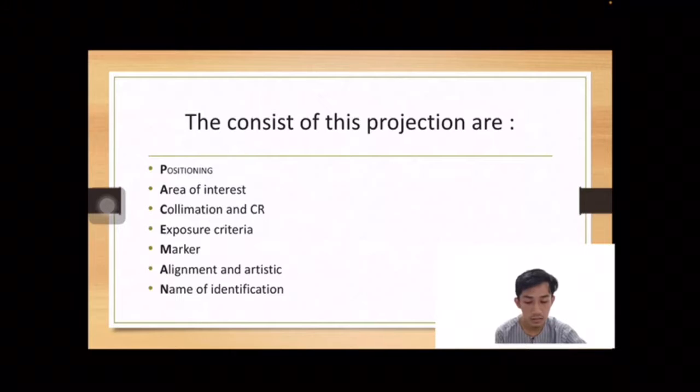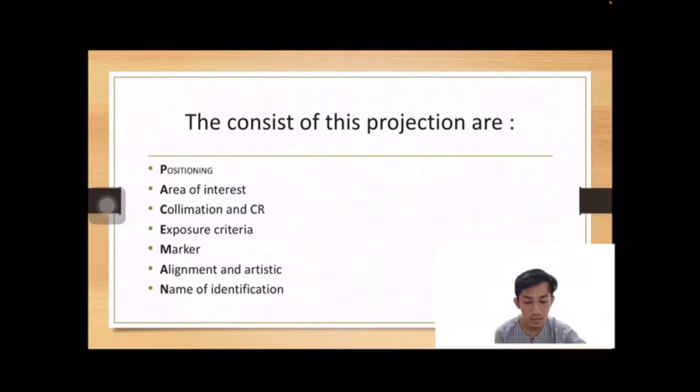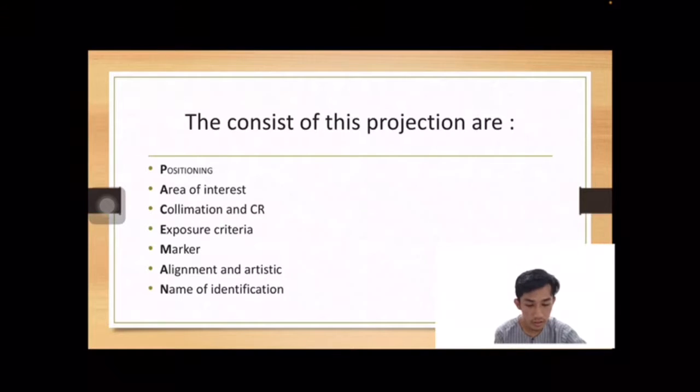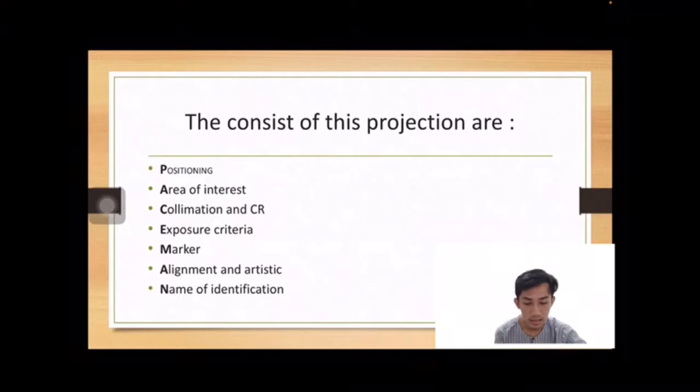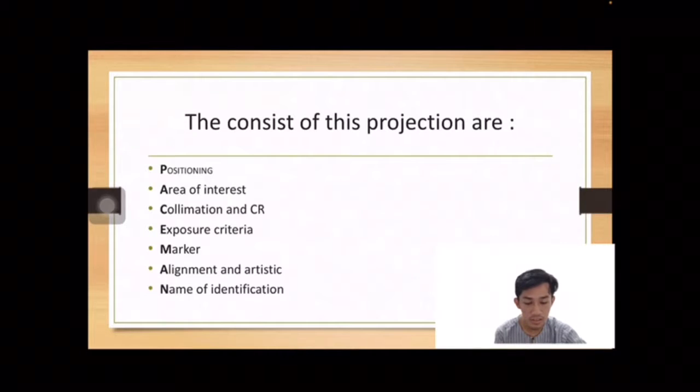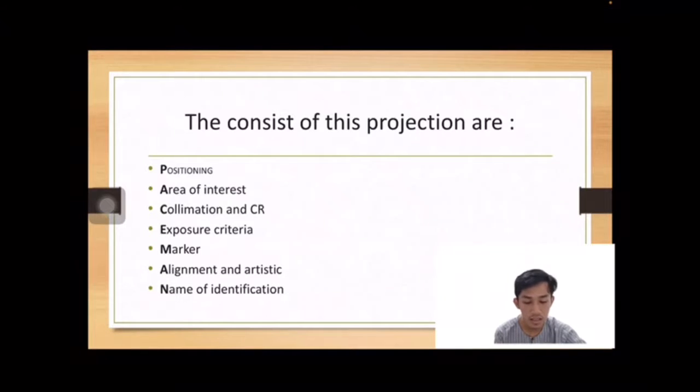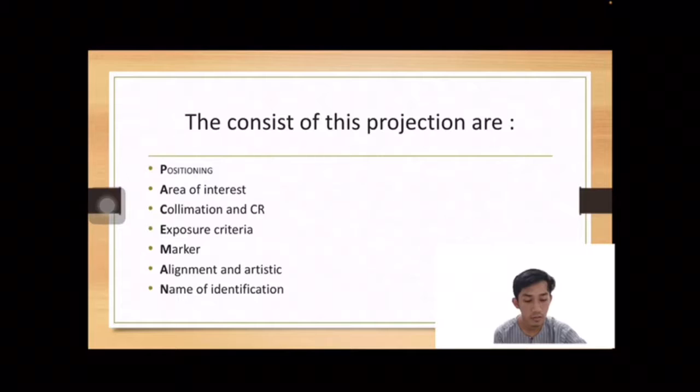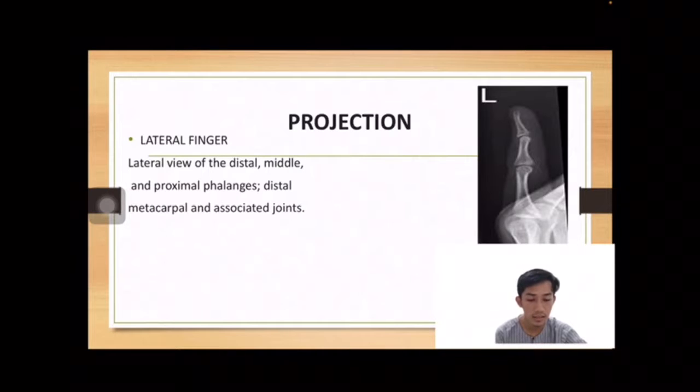Third is C for collimation and center ray. Next is E for exposure criteria, N for marker, A for alignment and artistic, and the last one is T for names of identification. This is very important to critique the radiograph. We use PLACEMENT.